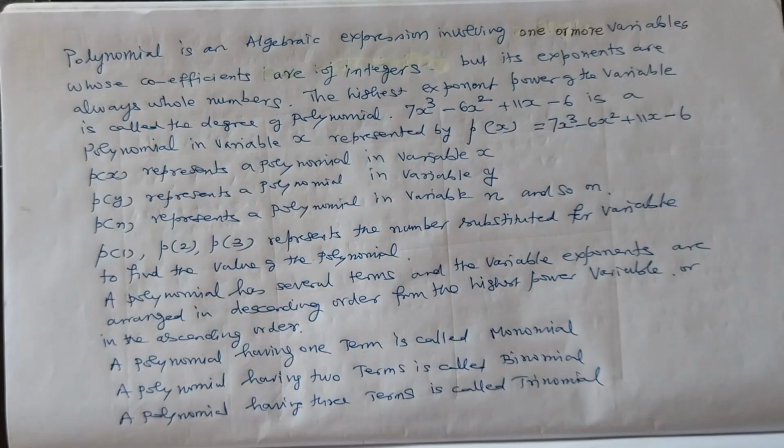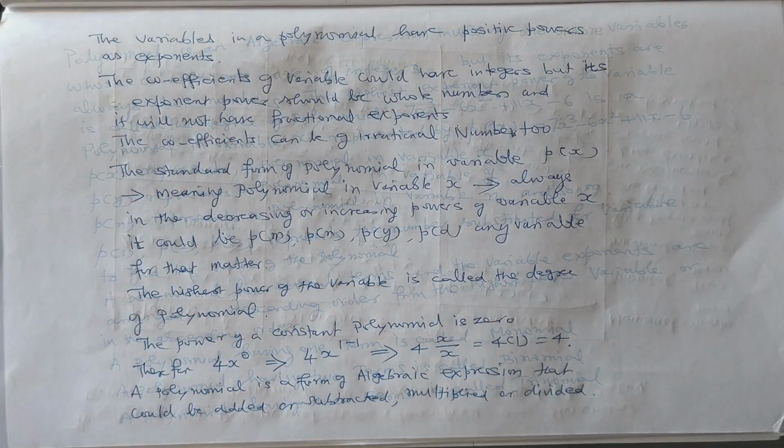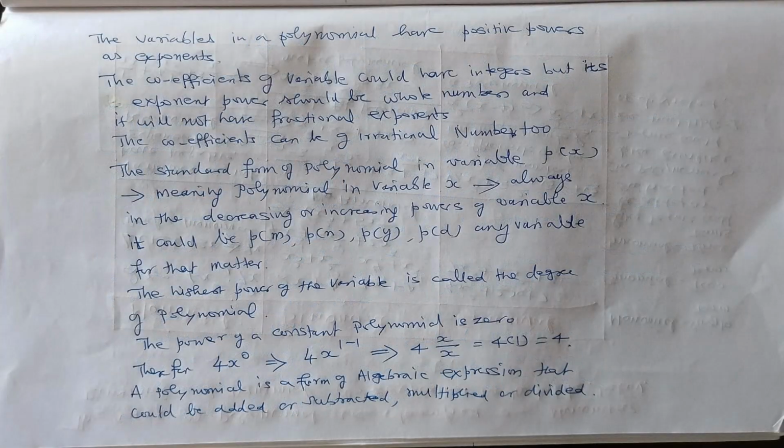The variables in a polynomial have positive powers as exponents. The coefficients of variables could be integers, but the exponent powers should be whole numbers, and it will not have fractional exponents. The coefficients can be irrational numbers too.